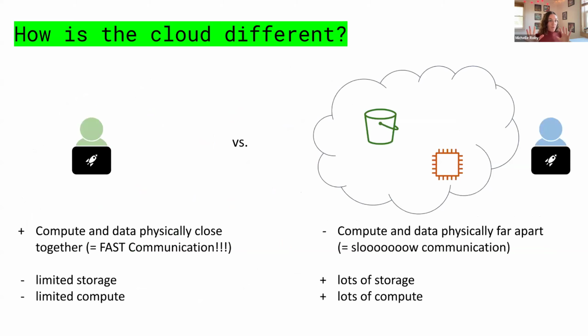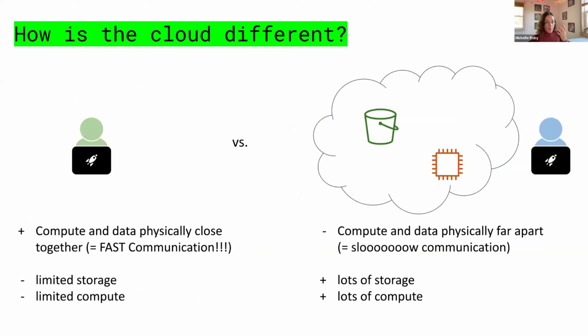So comparing those two uses of data that we just described, when you're on your personal computer, your compute's fast because your data and your computation are close together, but there's limited storage and limited compute. Whereas on the cloud, the compute and data are physically far apart, so that slows the communication, but you have lots of storage and lots of compute.